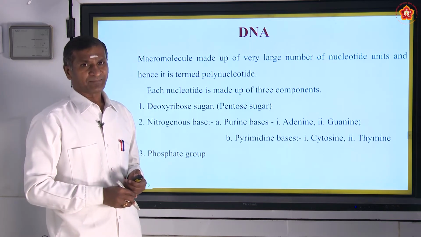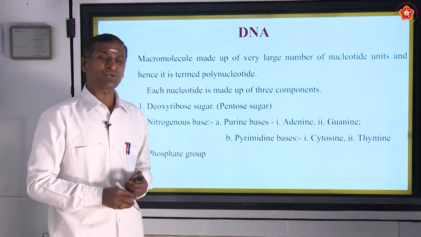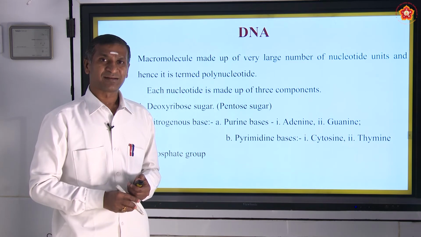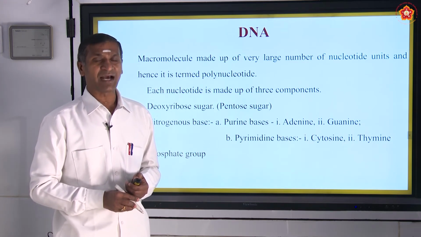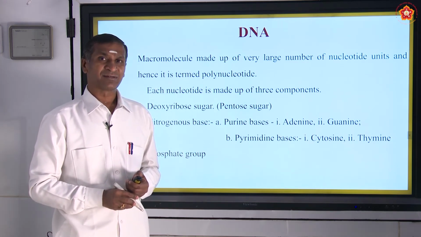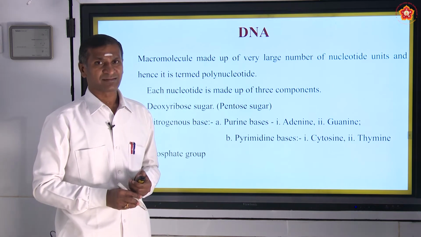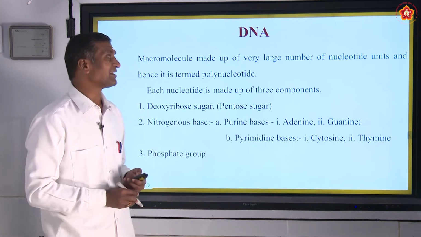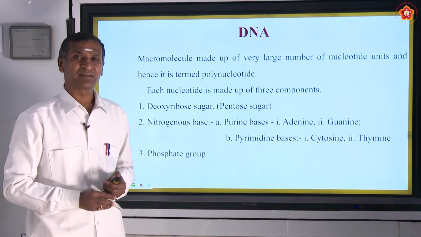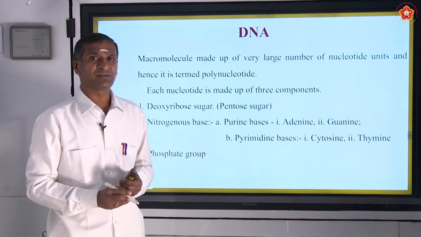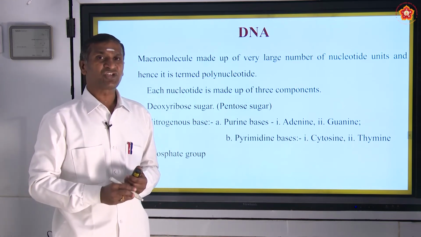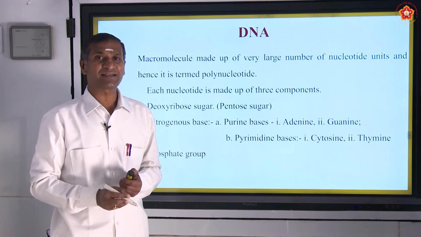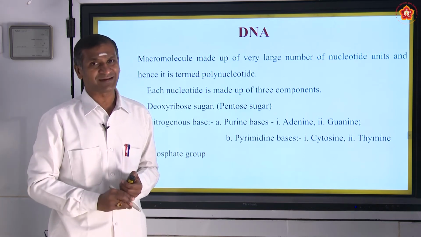We shall understand DNA in detail up to the 10th class extent, because the DNA information changes and increases as we go to higher classes.